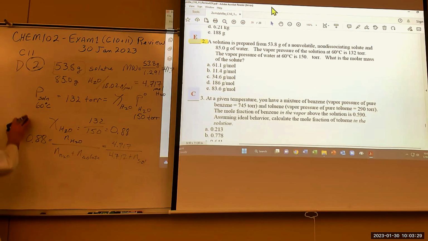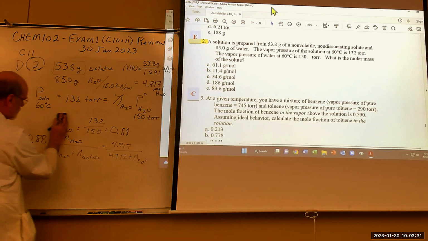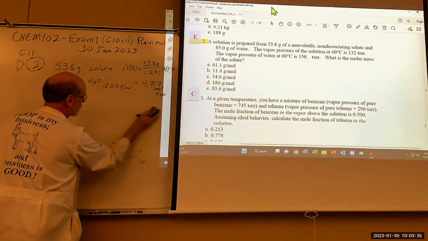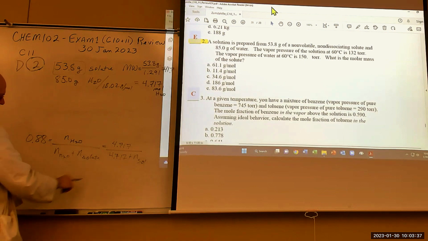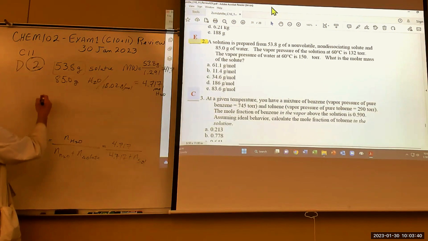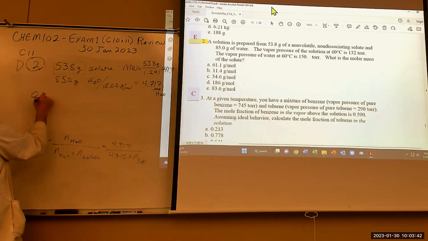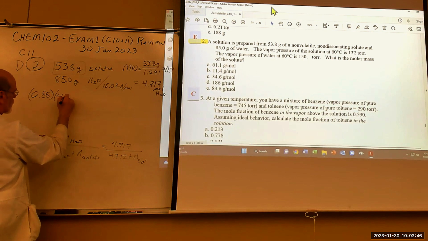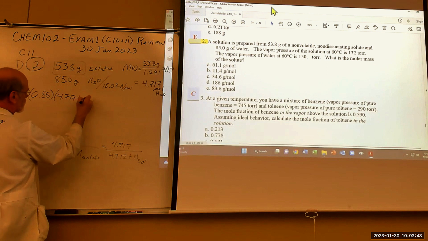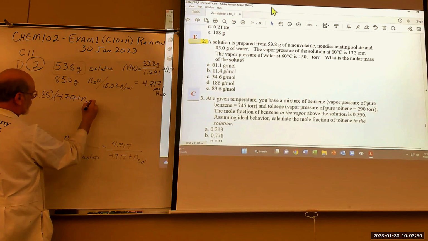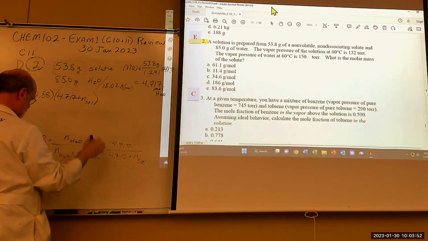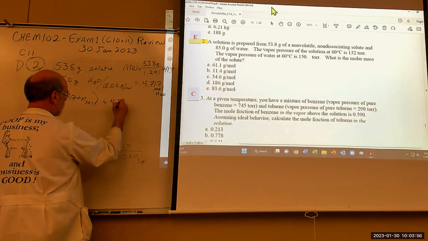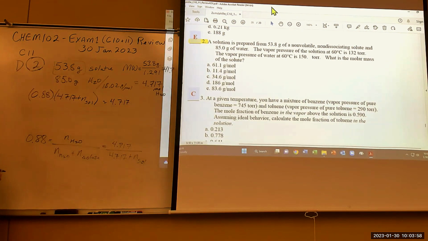I'll tell you what, let's make room and go the other direction. So this times that, 0.88 times 4.717 plus moles of solute equals 4.717. So far, so good.